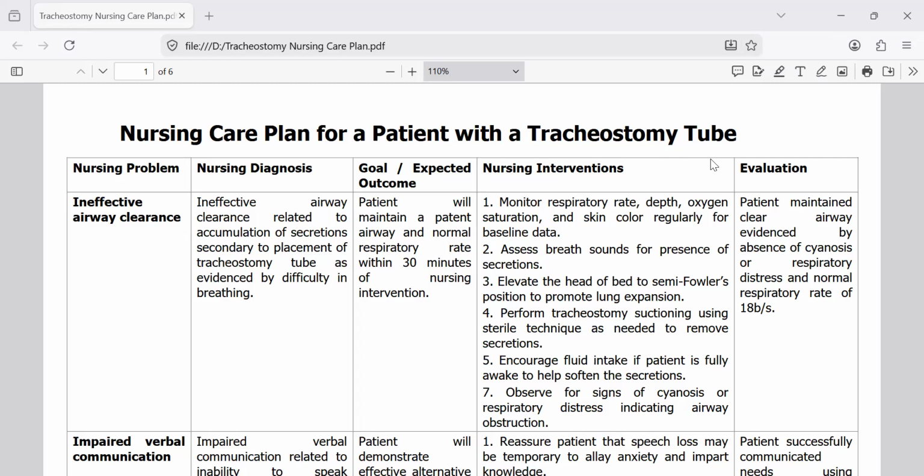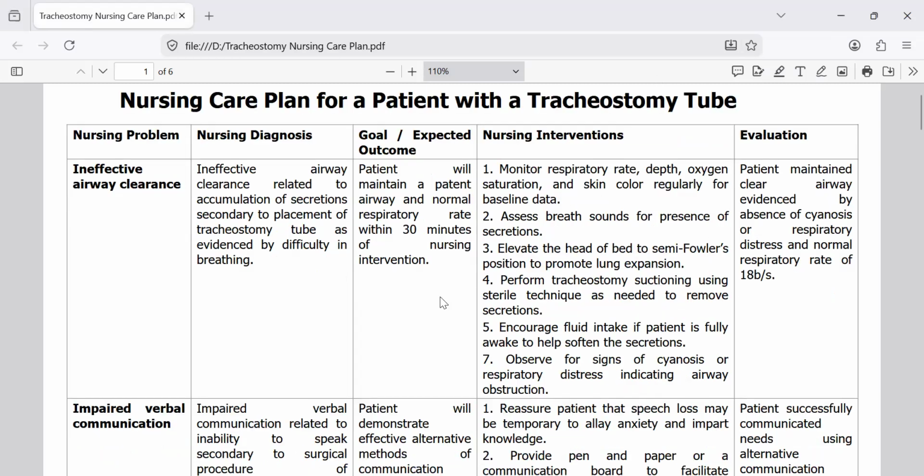Evaluation: patient maintained clear airway evidenced by absence of cyanosis or respiratory distress and a normal respiratory rate of 18 breaths per minute. So that is B, breaths per minute.